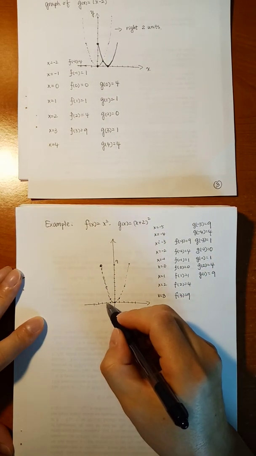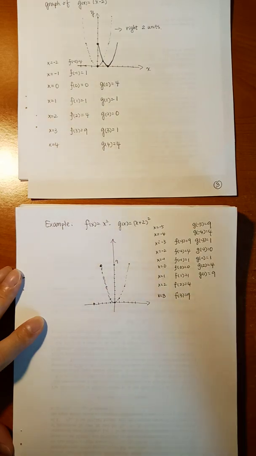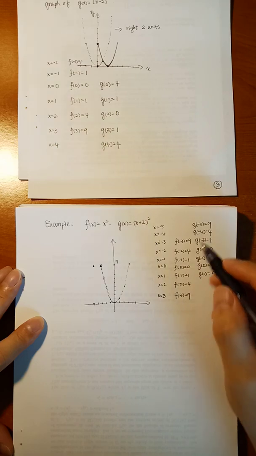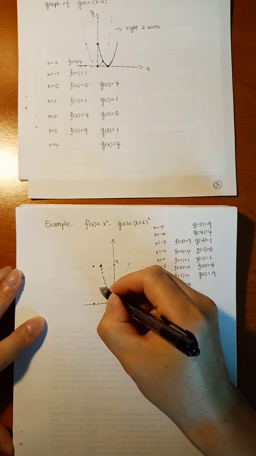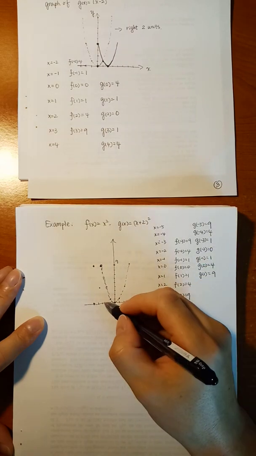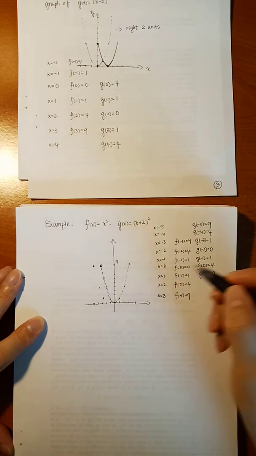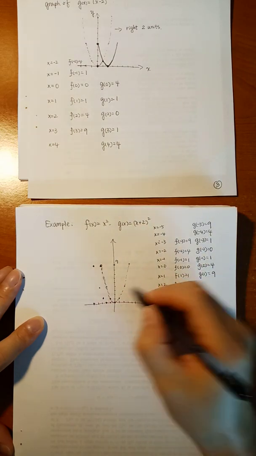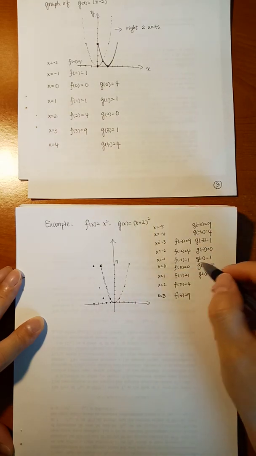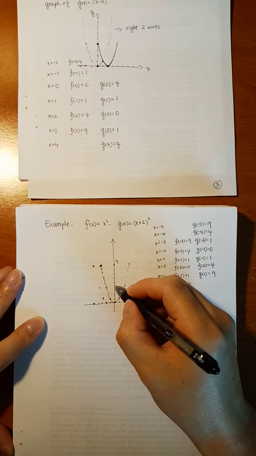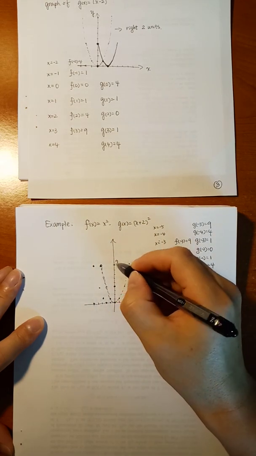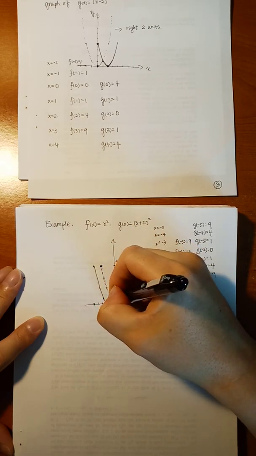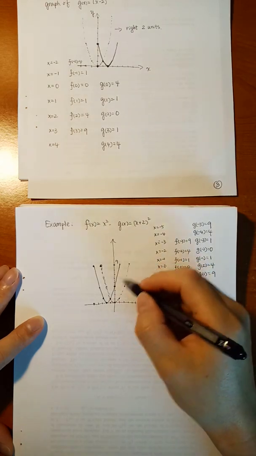So 1, negative 1, negative 2, negative 3, negative 4, negative 5. Negative 5 is 9. Negative 4 is 4. Negative 3 is 1. Negative 2 is 0. Negative 1 is 1. 0 is a 4. 1 is a 9. Assume my sketch is correct.